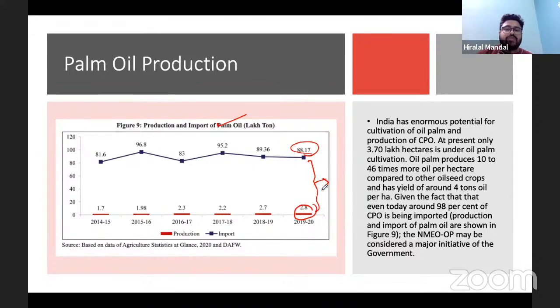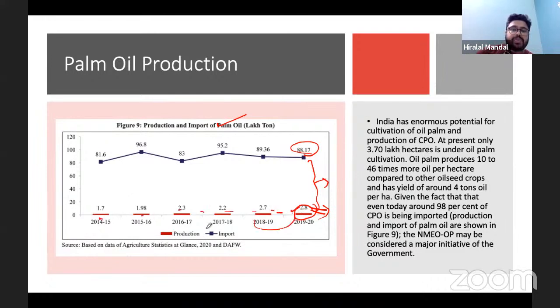Largely because of lack of local production, and in fact you look at the production, it has not gone up speedily, especially after India signed the free trade agreement with ASEAN countries. Look at our import. Our import has continuously increased, but our production has not gone up.